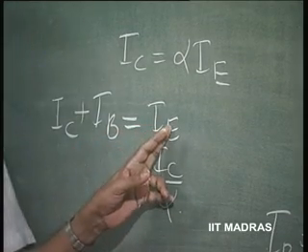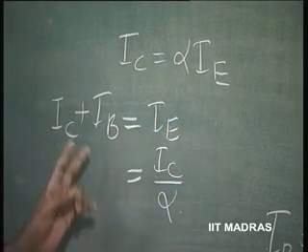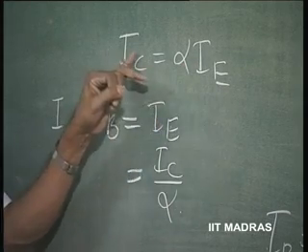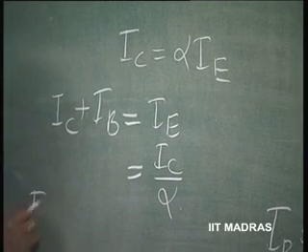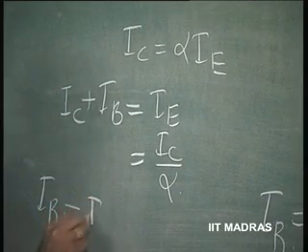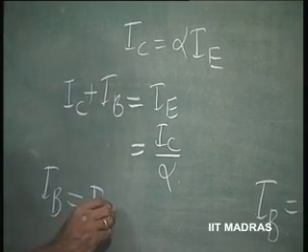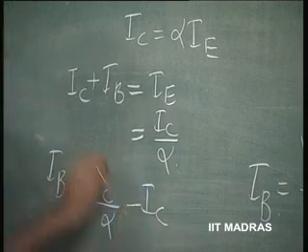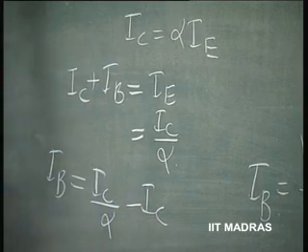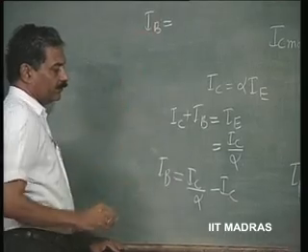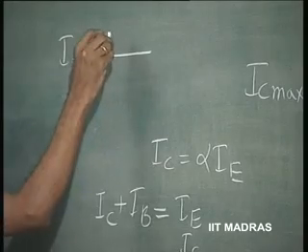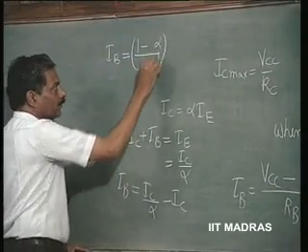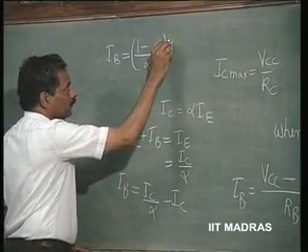I will replace IE because we want to find out the relationship between IC and IB. So, I will eliminate IE from this. IE is equal to IC by alpha. So, we have now IB equal to IC by alpha minus IC, or IB equal to (1 minus alpha) by alpha into IC.